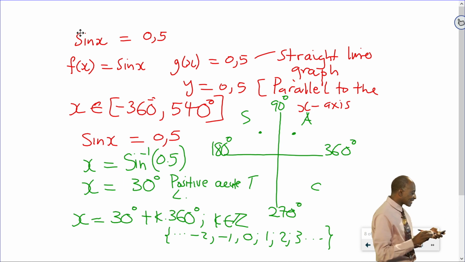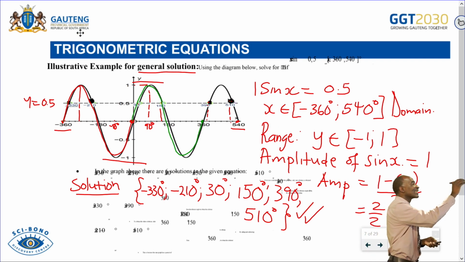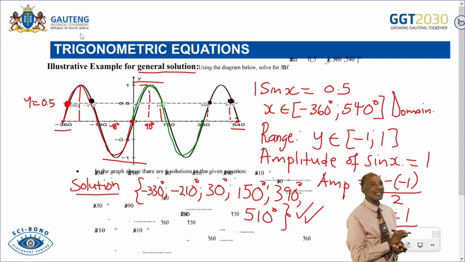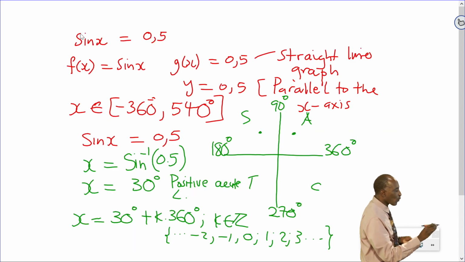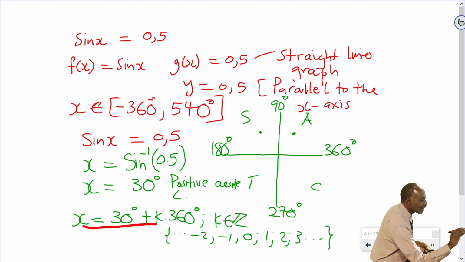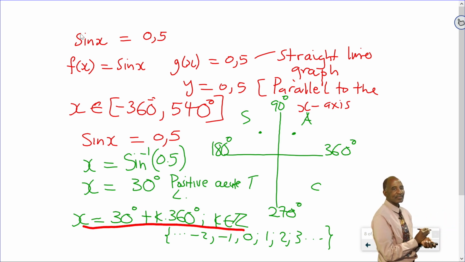Then you add 30 degrees, you get negative 330. So it means they will meet here at the last point, which is your negative 330. That's how you generate those angles. So from the way we have done it here, this is what we call a general solution. That's our general solution in sine.